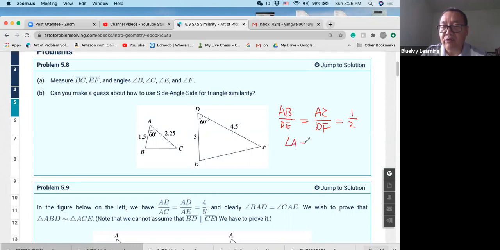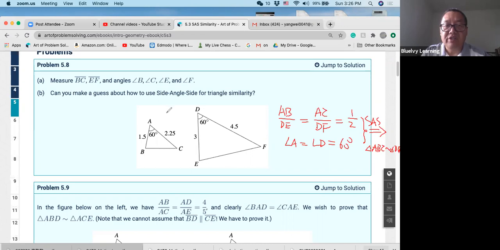They're congruent: angle A equals angle D equals 60 degrees. Combining these three conditions, we get that these two triangles are similar. Triangle ABC is similar to triangle DEF.